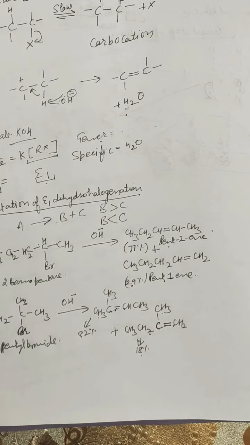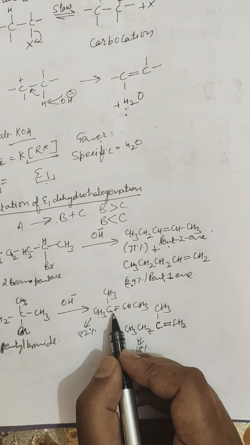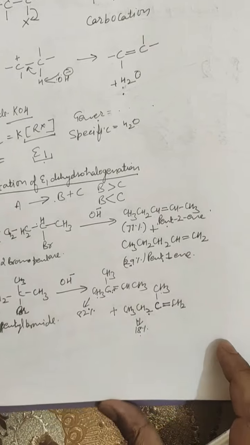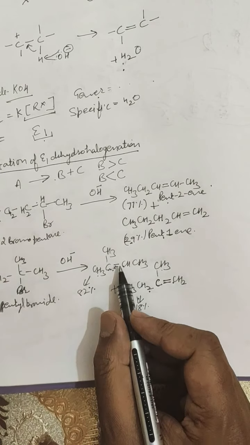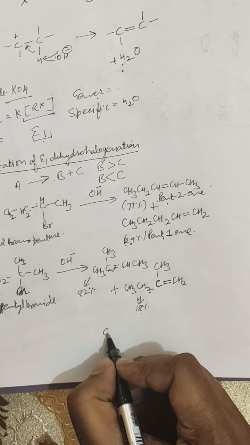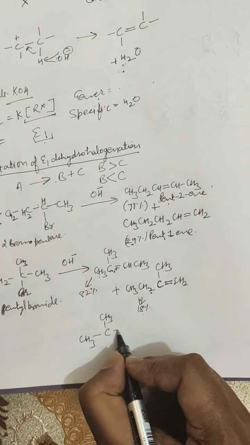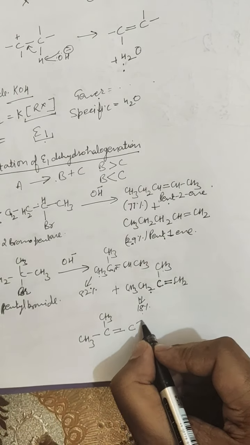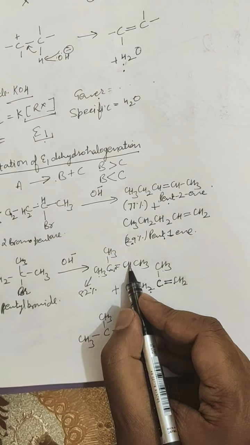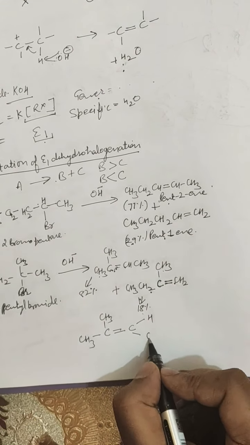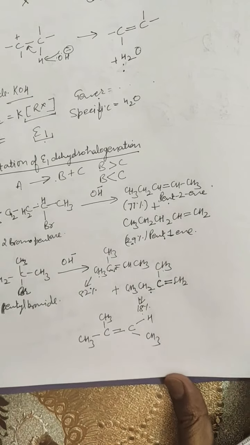Here the more substituted product is formed, and the more substituted product is this. You can write a detailed structure of it as: this carbon contains 2 methyl groups, further this double bond, one hydrogen is attached to this carbon, and this methyl group is also attached to this carbon.